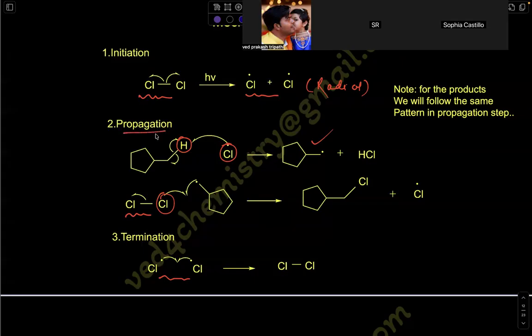So in the propagation step, it can grab this hydrogen as well, this hydrogen. Okay. The chlorine can grab this hydrogen. So there is another possibility. Clear? So this one is just one example of this particular radical, but it can give you multiple products. Make sense? You can see the same pattern in the propagation step.